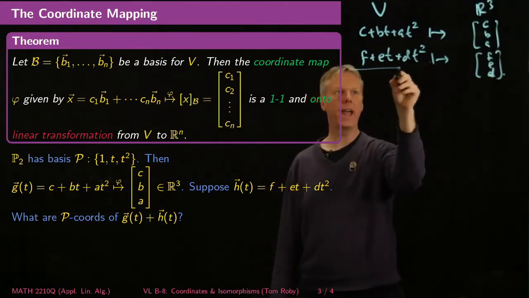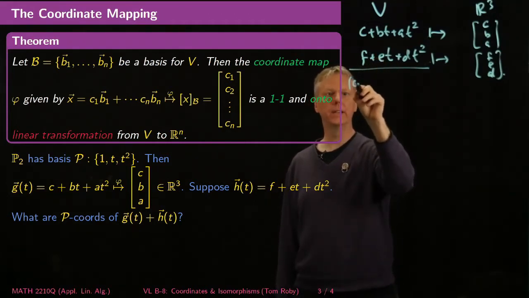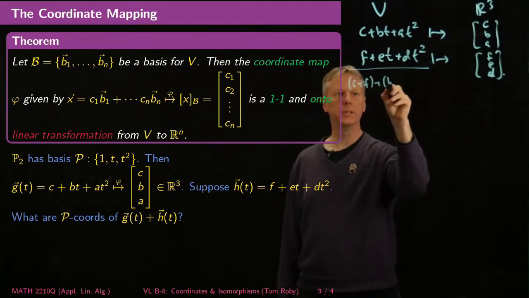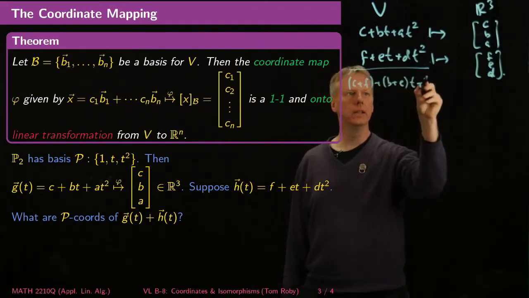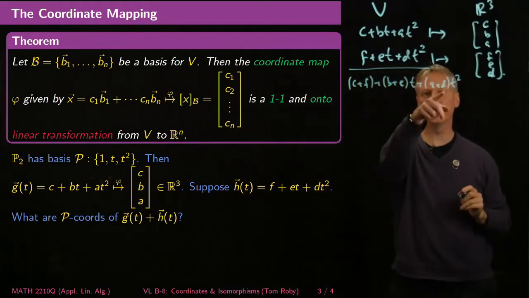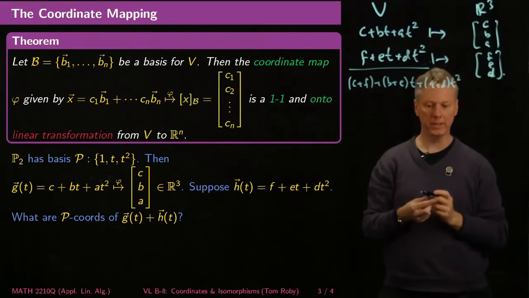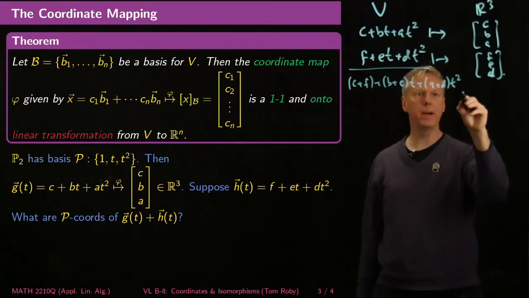So now what happens if I add these things? Well, if I add these, then I just get (c plus f) plus (b plus e)t plus (a plus d)t squared. And since every vector in V has a unique representation in terms of a basis, this is the only representation that makes sense. And where does that map to?